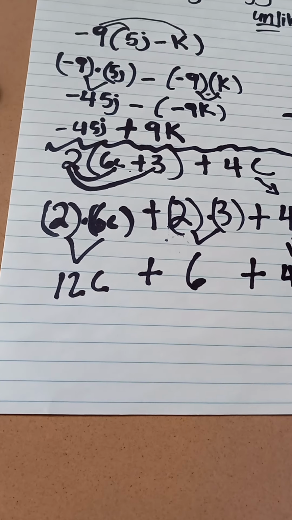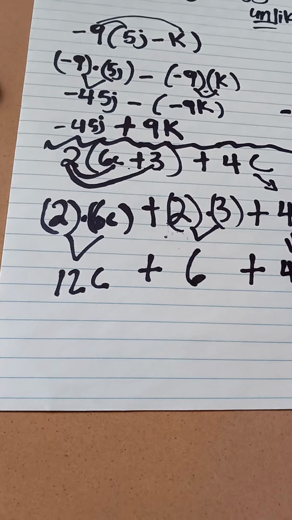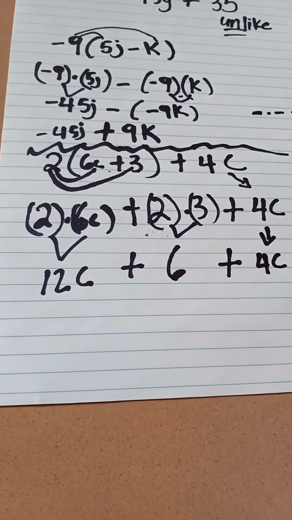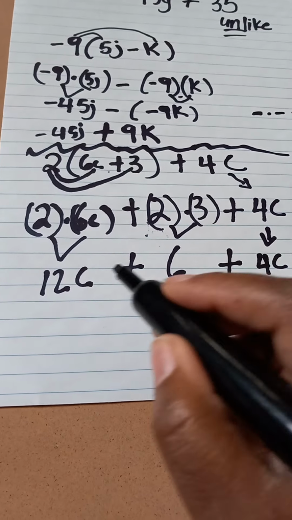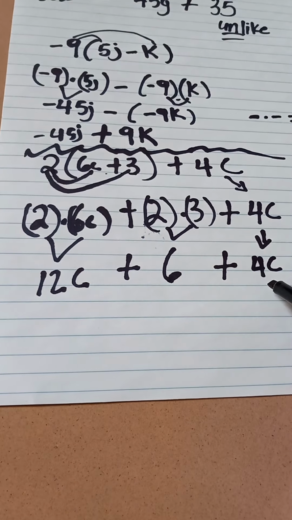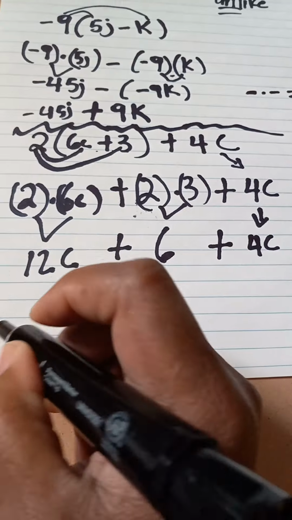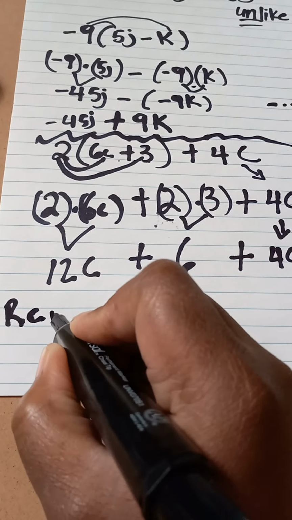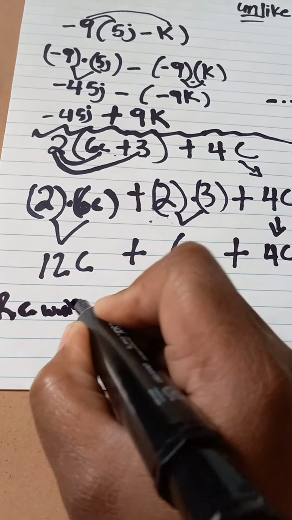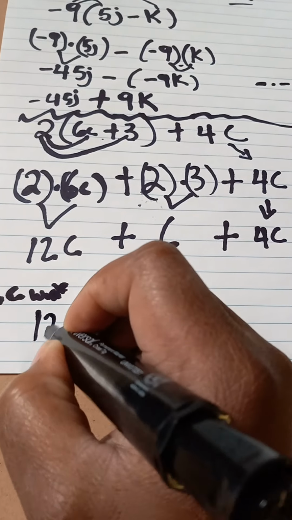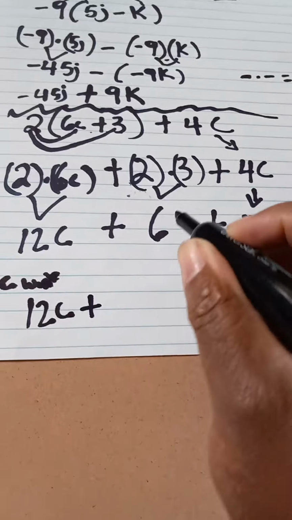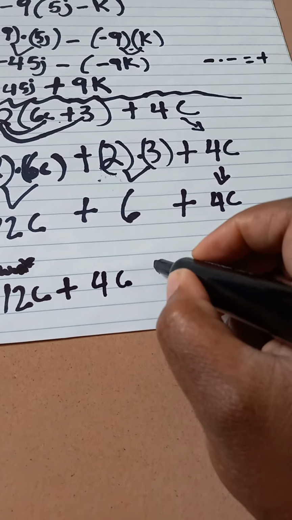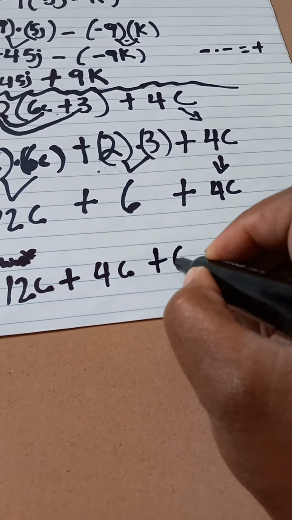I have like terms, so I could combine them. My like terms are 12c and 4c. So I could rewrite this: I could put 12c plus my 4c and then bring back down my 6.